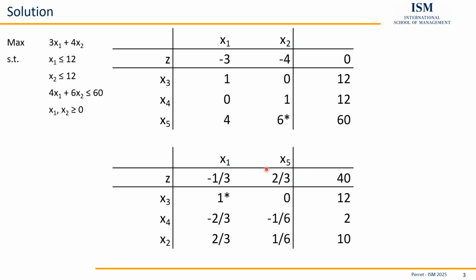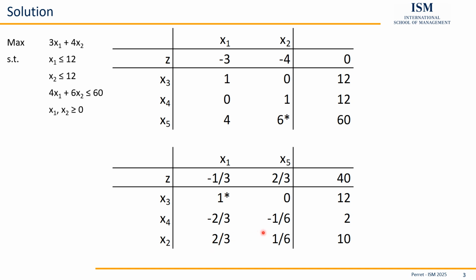Well, as I said, with all the recalculations, I see here I'm not yet finished. I still have one column with a negative value in the objective function. So I'm going to select this remaining column as pivot column. And I consider all these values here which are positive. So this only qualifies the 1 and the 2/3.